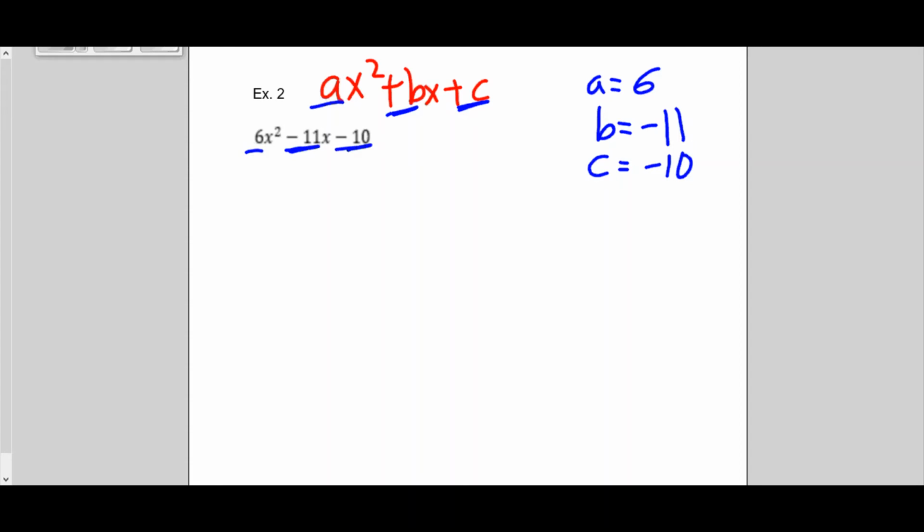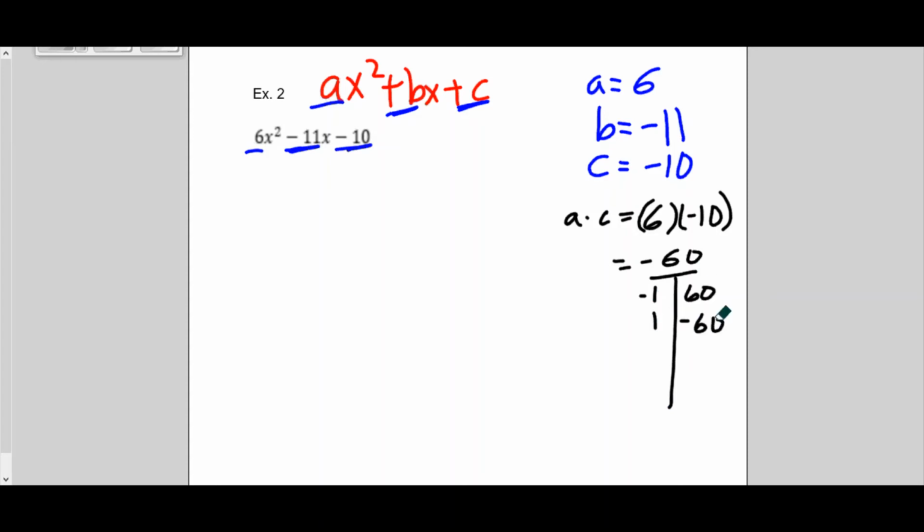So I'm going to do step 1, which is to do a times c. I'm going to do 6 times negative 10, which is negative 60. So I'm going to list the factors of negative 60. You'd have negative 1 and 60, or 1 and negative 60.